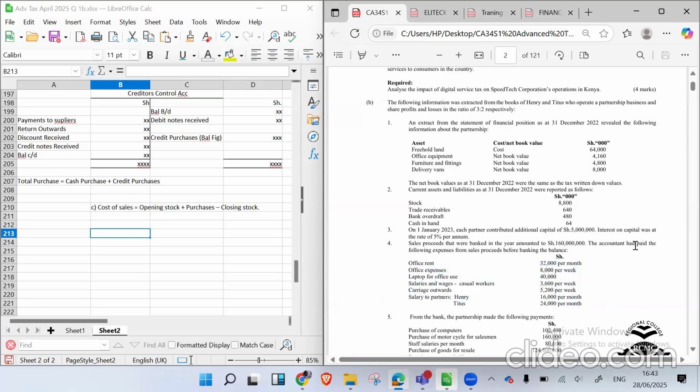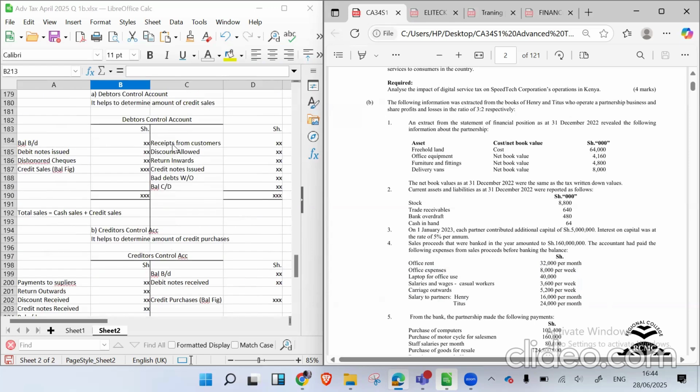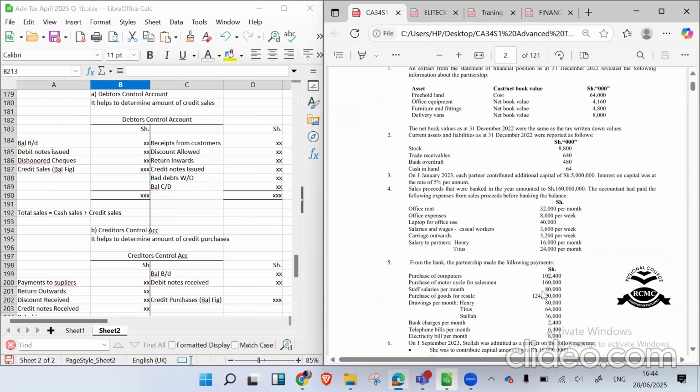That's why I told you the accountant had paid the following expenses from the sales proceeds before banking the balance. So here, in receipts from customers, we shall not put the 160 million alone, but 160 plus all these. Is that English okay?